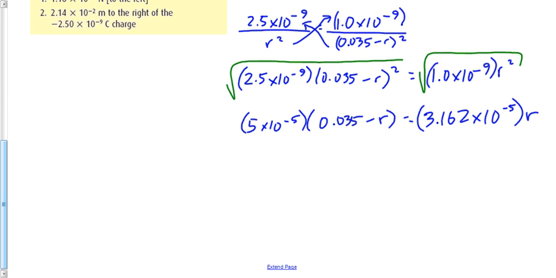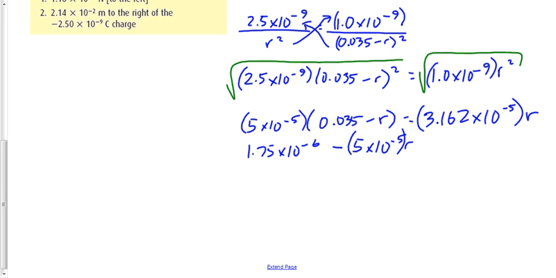Let's take it inside there. So 5 times 10 to the minus 5 times 0.035 gives me 1.75 times 10 to the minus 6, minus 5 times 10 to the minus 5 R. See what I've done there, guys?